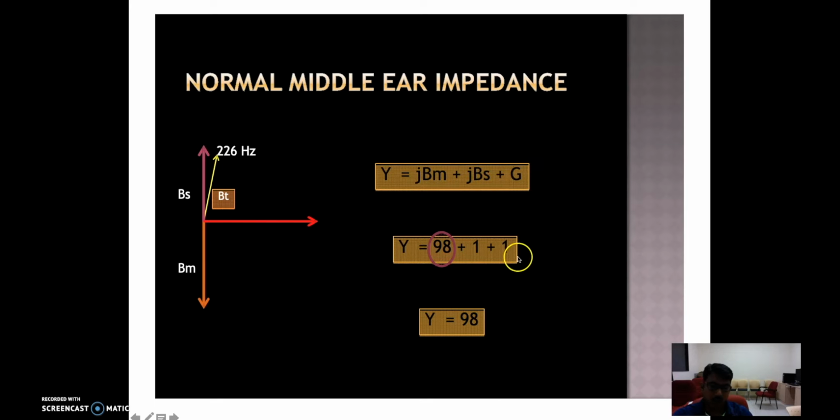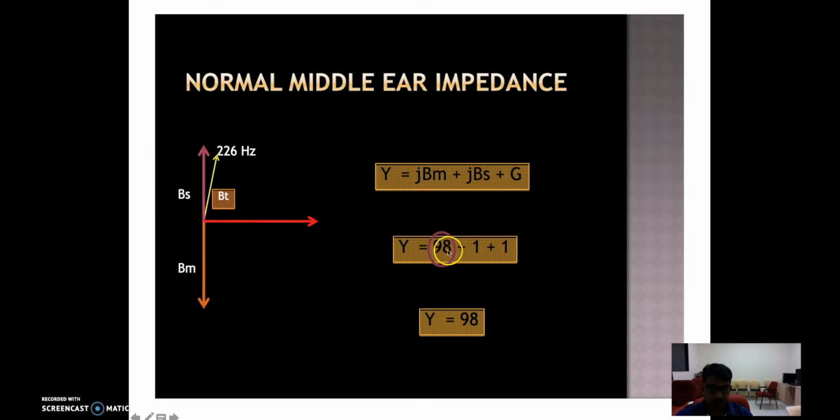Okay, so this is a very rough example, and it is not possible to explain impedance this way, but just for your understanding of what goes on in the measurement system, I have written it like this. So in a real tympanometry that we do using a 226 probe tone, actually the major contribution is by the stiffness component.